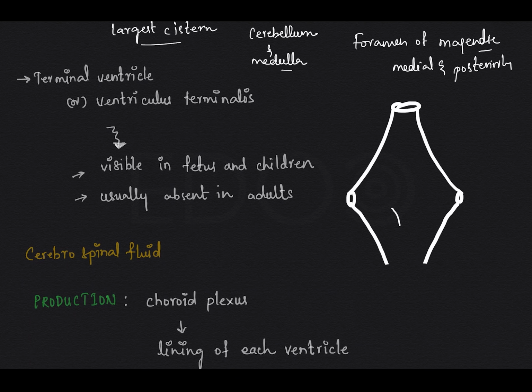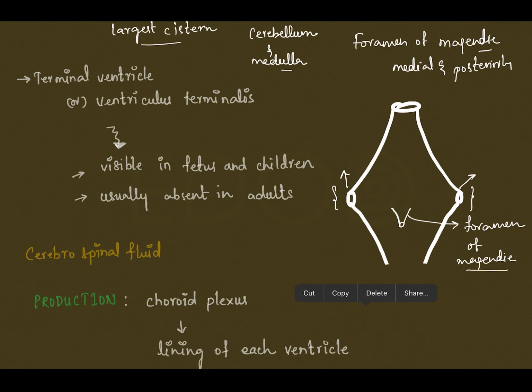Let's look in the diagram. So these are the foramen of Luschka, which are located laterally to the fourth ventricle, and this is the foramen of Magendie, which is located medially and posteriorly to the fourth ventricle.